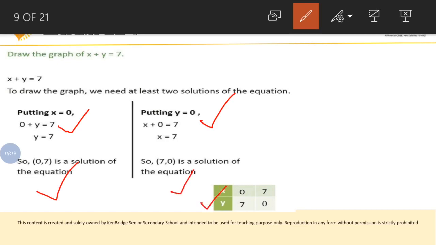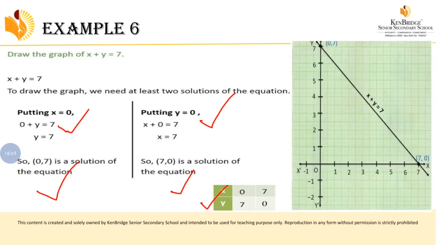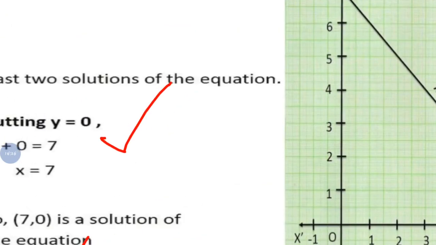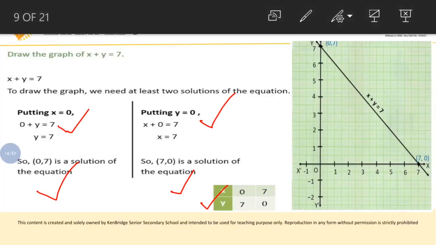You have to write that in a tabular column, and then, since the question says draw the graph, we are going to make a graph here. Just look at this graph. We have 2 coordinate points, right? Here we have marked (0, 7), and here we have marked (7, 0).